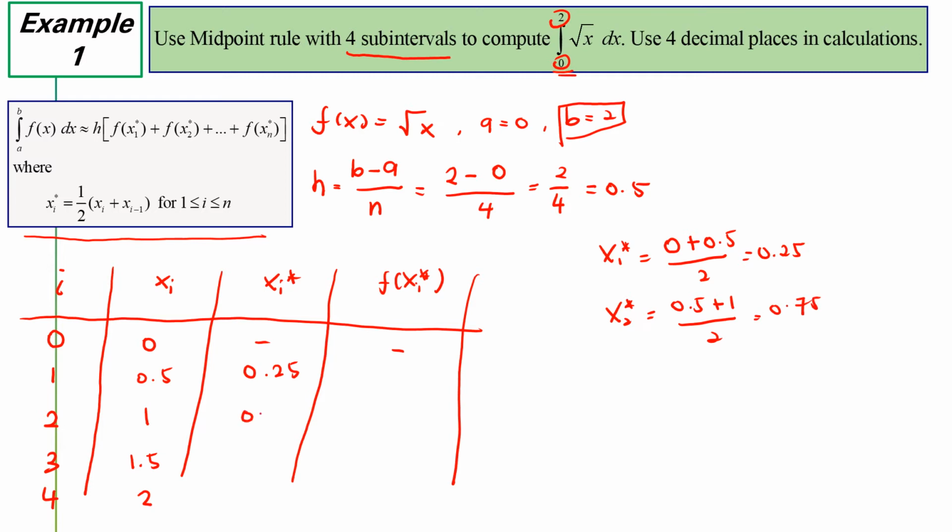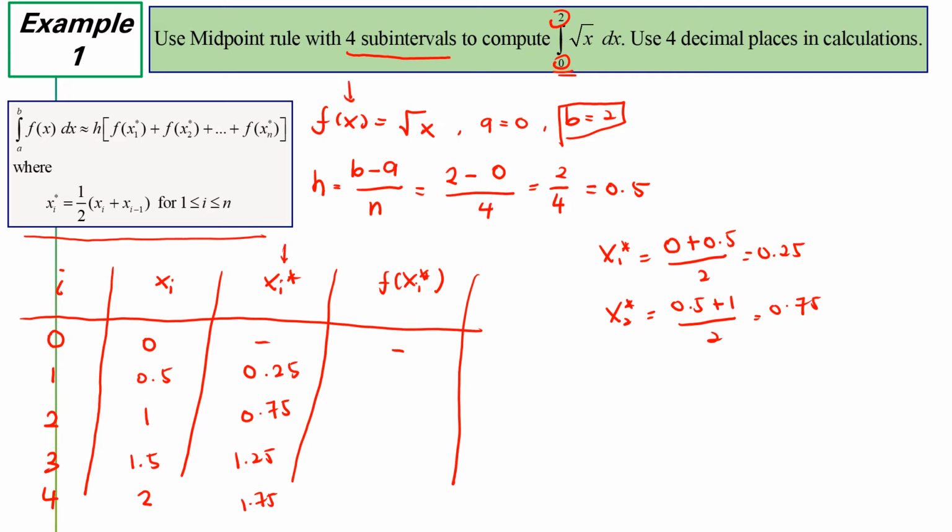Next is 1.25 and 1.75. Next is f(xi star). You just substitute these values of xi star in this f(x).